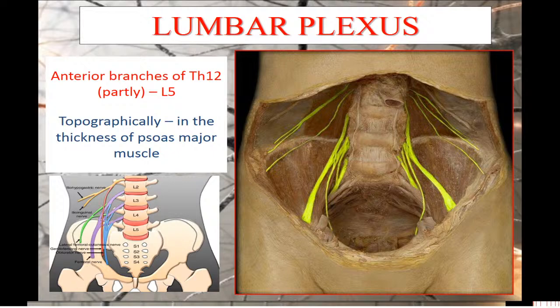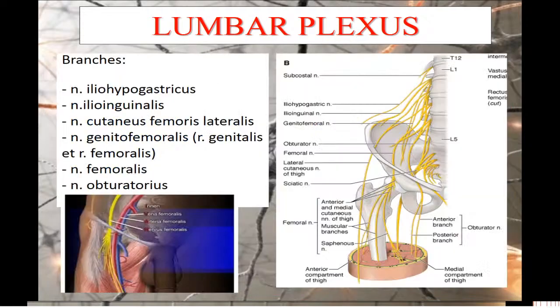Femoral branch passes deep to the inguinal ligament and then appears in the femoral region, supplying to the skin just below the inguinal ligament.